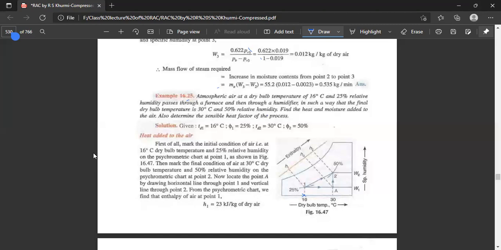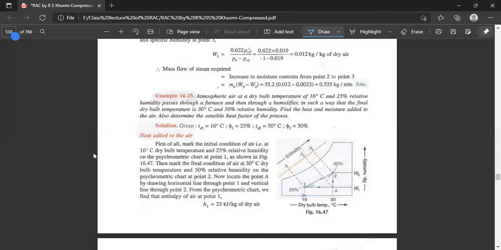Then mark the final condition of air, 30 degrees centigrade dry bulb temperature and 50% relative humidity, on the psychrometric chart at point 2. The 30 degrees centigrade dry bulb line will intersect the 50% relative humidity line at a certain point, which is point 2, the outgoing point.